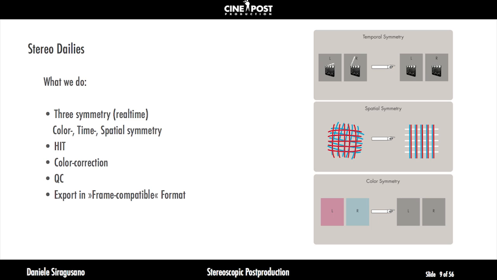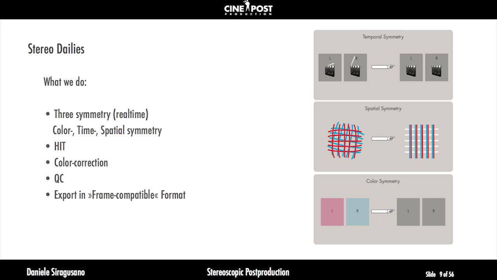So during dailies we do creative color correction, and this is pretty crucial to establish a certain look from the start. A lot of people with digital recording forget about the importance of color correction. We have a lot of productions that are doing dailies with just one lookup table, and then they get pretty clean dailies into the editing room, and then for three or four months they are editing with these clean dailies and doing test screenings with them, and everyone, the producer and everyone, is watching these clean dailies.